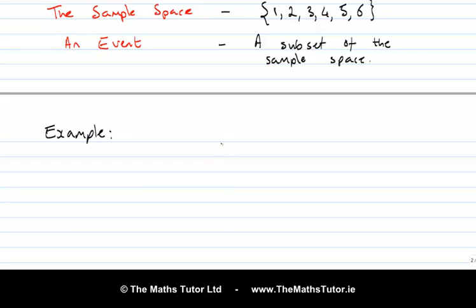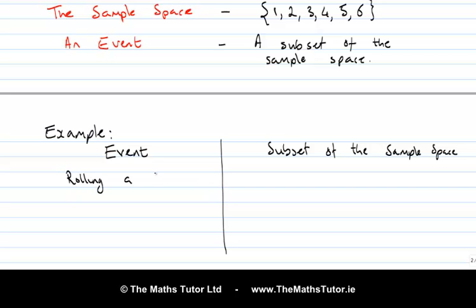So I'll make a table, and on this side I'll have an event, and here I'll put the subset of the sample space. Okay, so what would be a typical event that we might look for when we roll a die? Well, we might have the event of rolling a 6. It's easy to write down the subset of the sample space here: the set with one element consisting of 6.